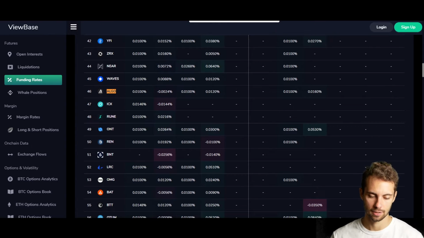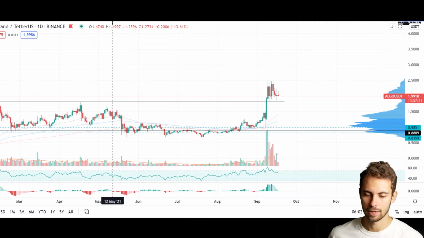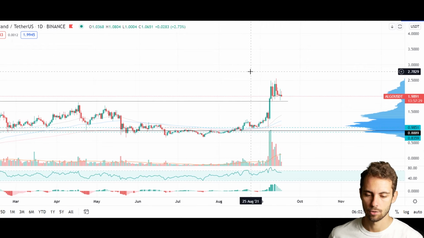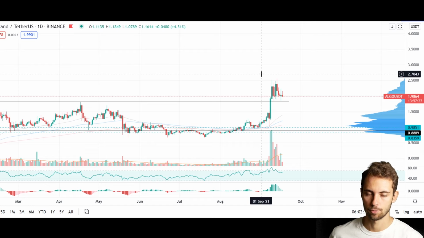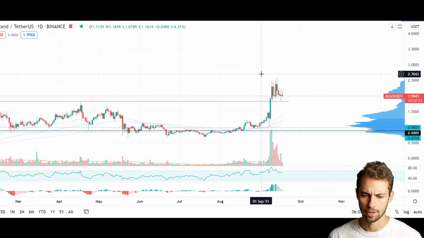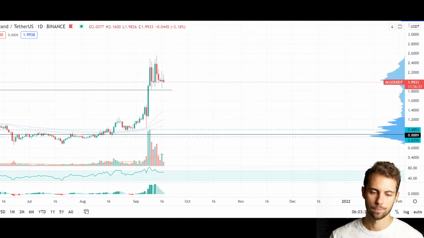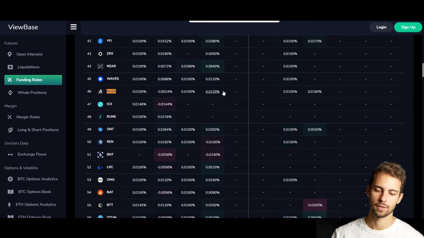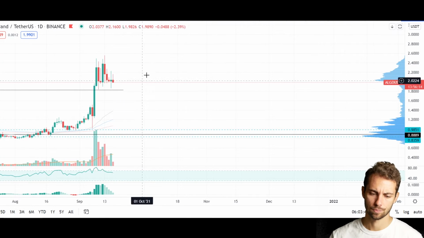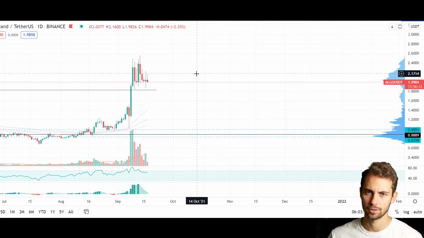So as we are in a bull market, funding rates going into negative territory show us that the correction might be ended and we might build another leg higher.